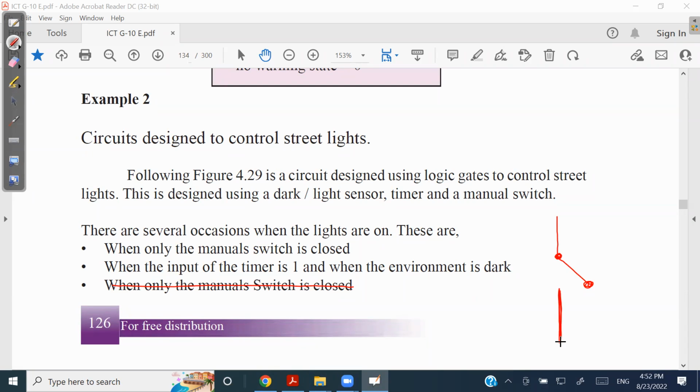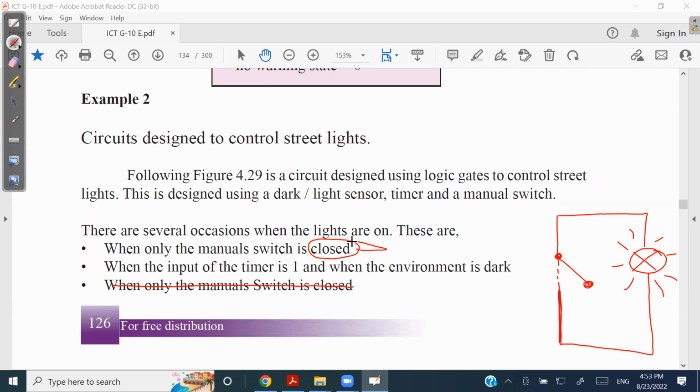So this is the open state. If the circuit goes like this, when this is closed, then only the bulb is going to light up, right? In that meaning, they have taken the word closed, when only the manual switch is closed.